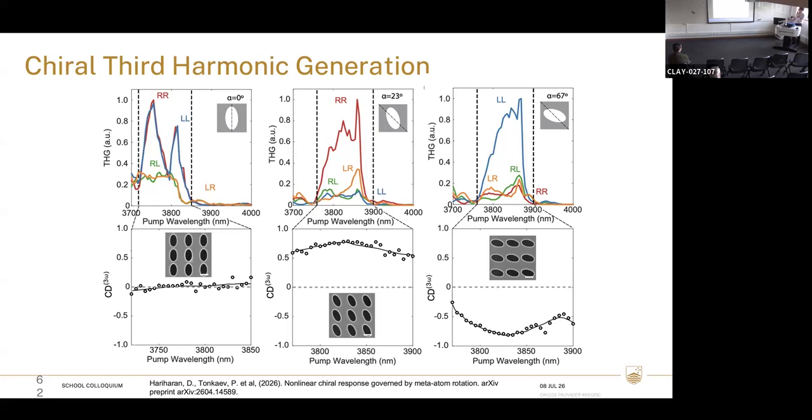And for the opposite angle, which is 67, we have switching behavior. In this case, the L component is dominant, and the CD becomes close to -1. So basically, it's a switch of this state to the opposite one. And by rotating this angle, at the other angles in between, we can basically tune the nonlinear CD to any value, any value you want.